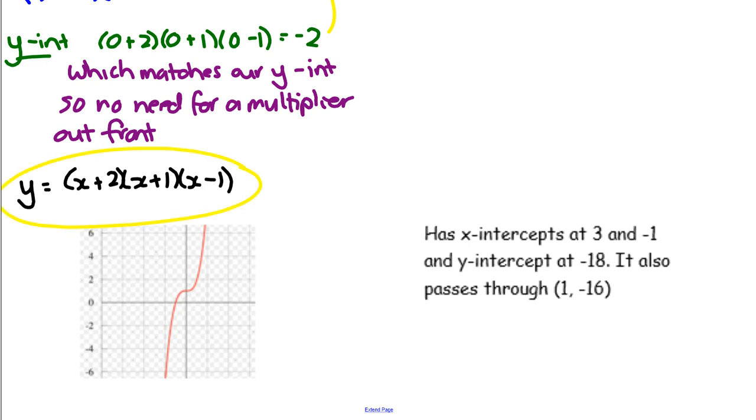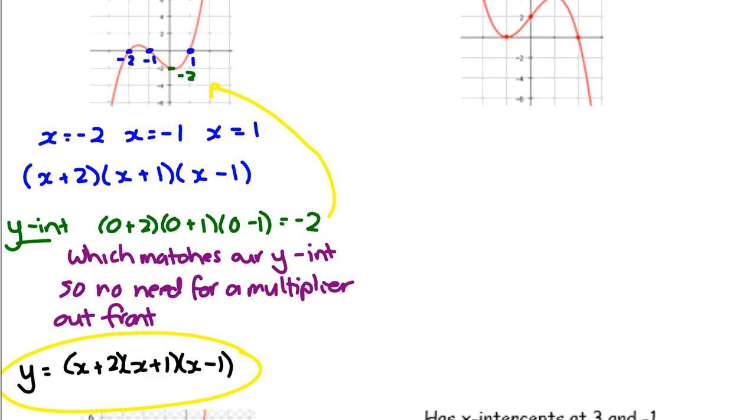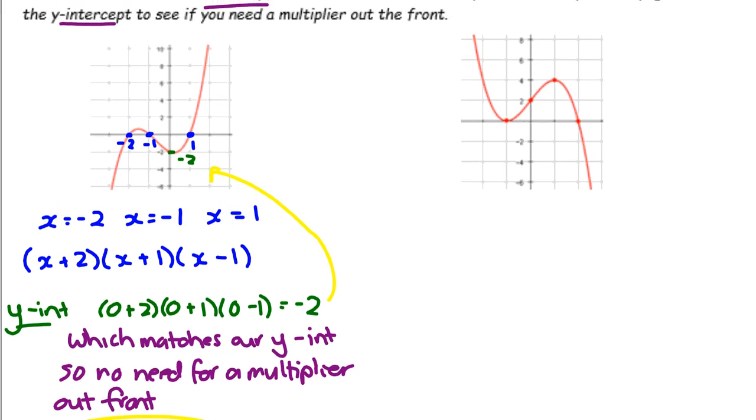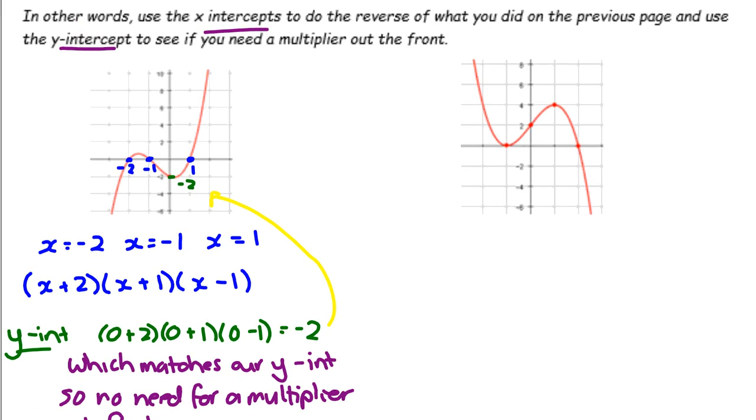Now let's do our second one. So we've got y-intercept at +2. We've got x-intercept at -1 and 2. And we also have a vertex here, which, remember, means that bracket gets doubled up.